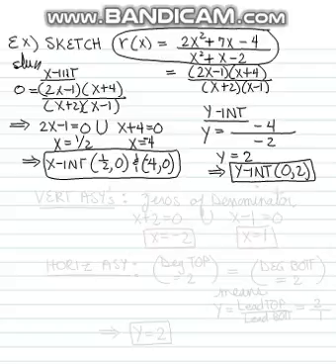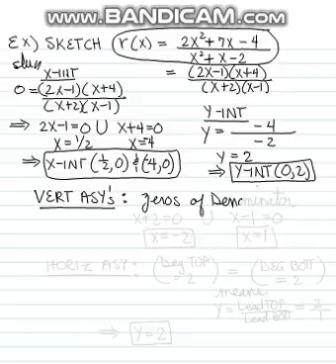Next, we're going to find the vertical asymptotes. Now we know these are going to be the zeros of the denominator. In other words, you set each of the factors in the bottom, in the factored form, equal to 0 and solve.